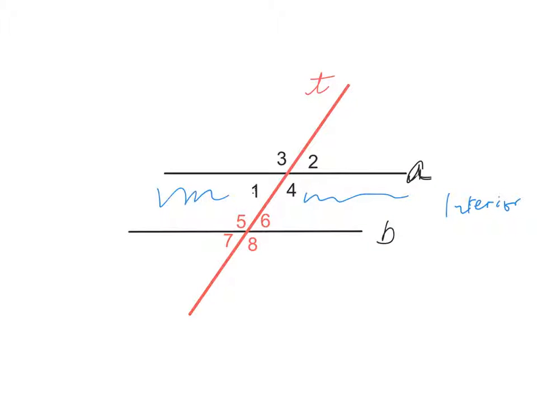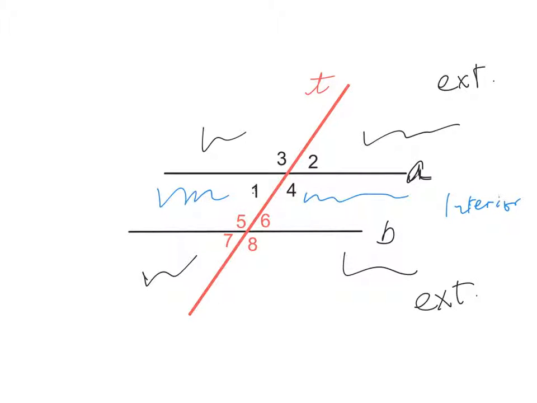And the space outside the two lines, those are called exterior. Also, when we talk about alternating, we're alternating around the transversal. That only happens with the transversal. So let me erase this so that my graph can look cleaner.